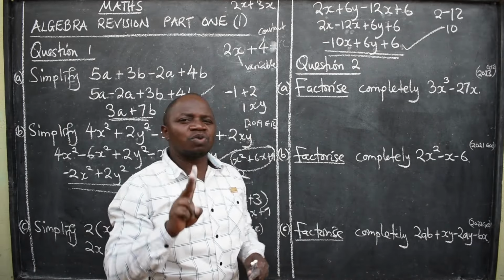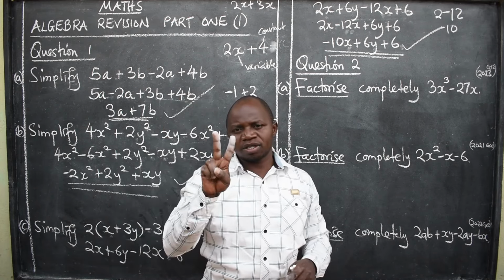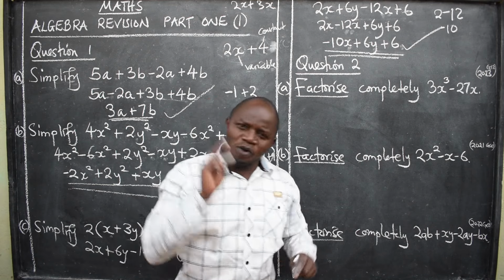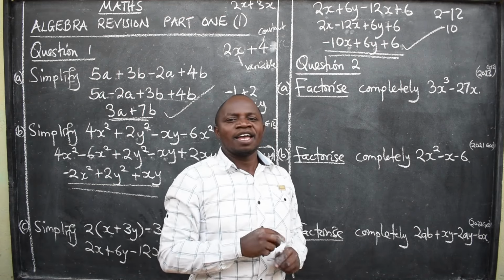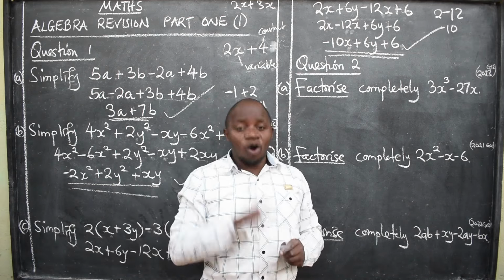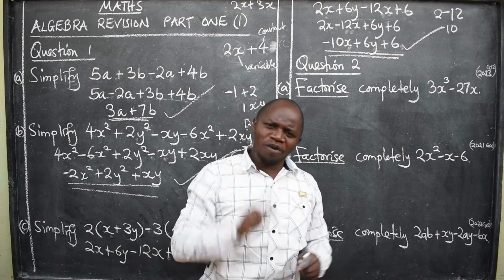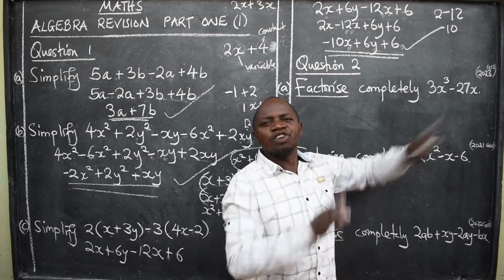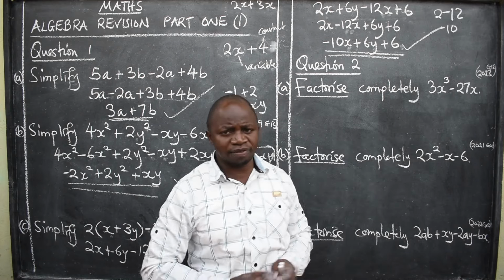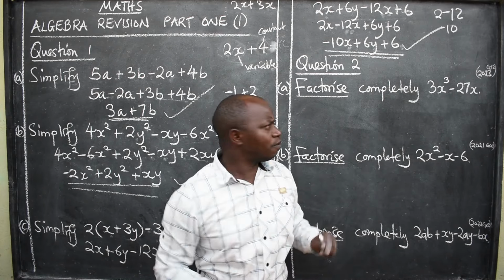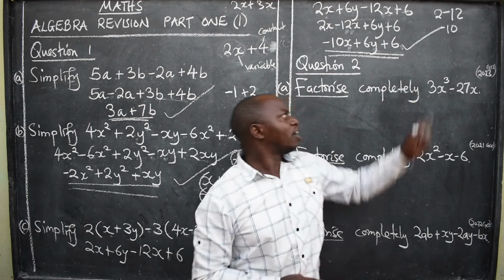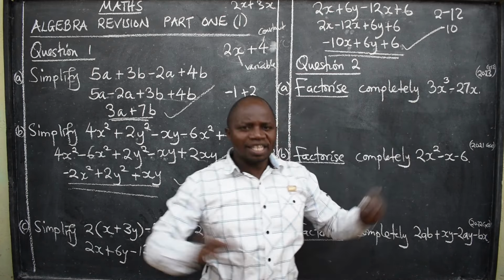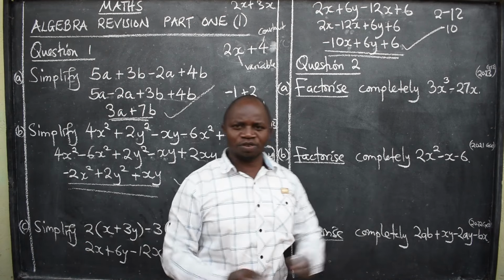Difference of two squares, we always have 2 terms, and these 2 terms will always be separated by a minus, not a plus. Then it's not difference of 2 squares. It should always be a minus. 2 terms and a minus in between. Just know that you are dealing with difference of 2 squares.